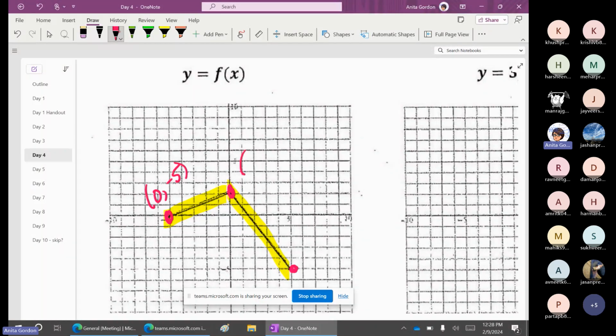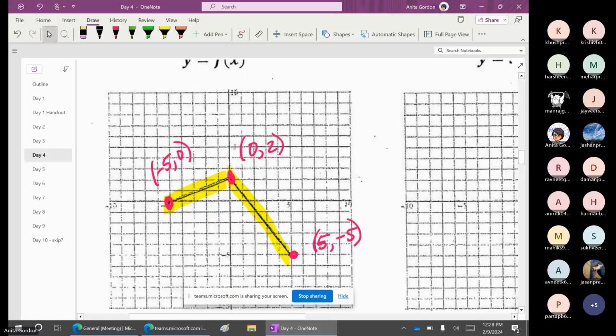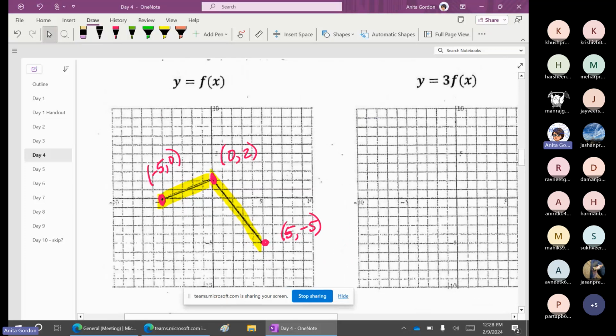Then I have, nope, I did that wrong. What's the first coordinate? -5, 0, right? X first, then Y. Then I have 0, 2, and then I have +5, -5. Those are my 3 key points on my base function.